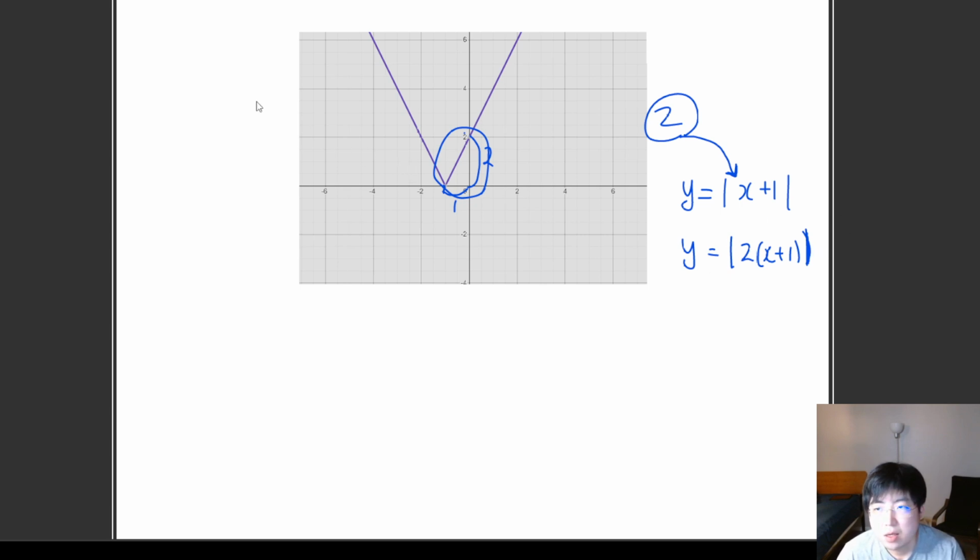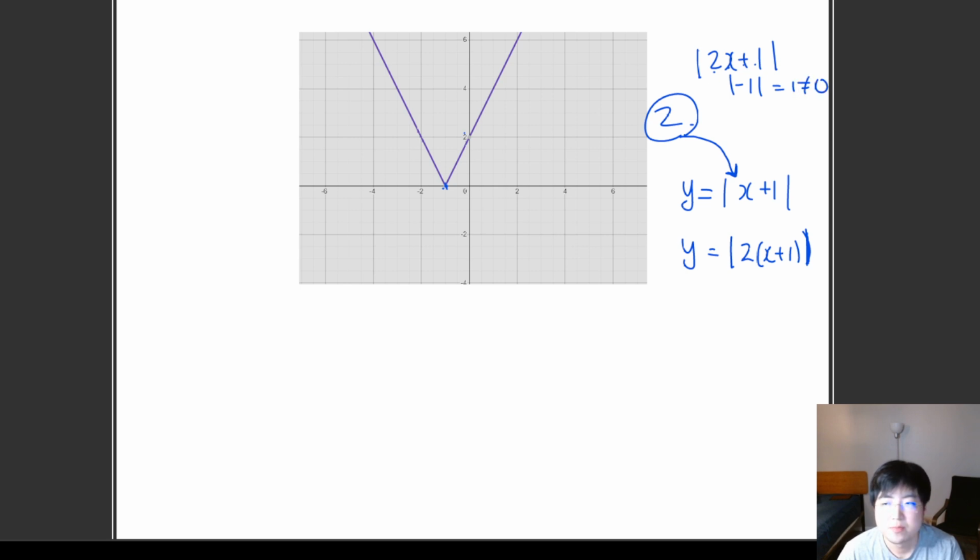The reason is we want to make sure that when x is -1, y is 0. But if I multiply 2 only to x, the function becomes absolute value of 2x plus 1. Then when x is -1, y is -2 plus 1, which is -1, and the absolute value of -1 is 1. So y is not 0.